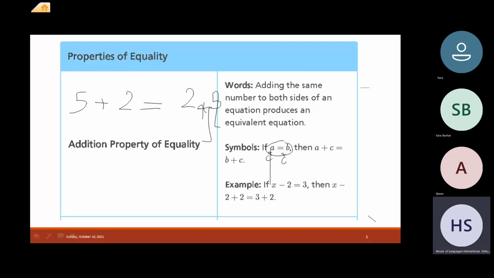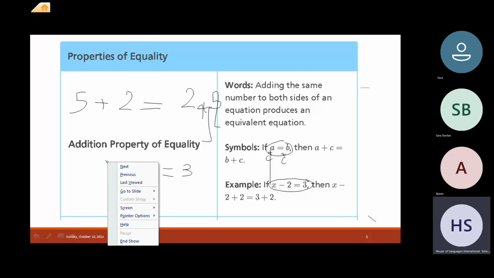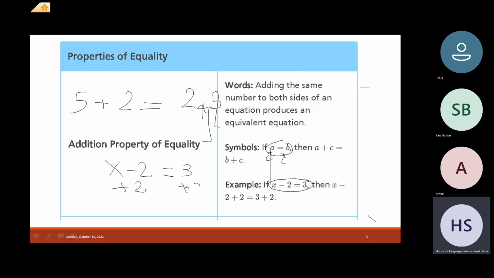Here, as an example, we have x minus 2 equals 3. As we know before, if we have an equal sign and I add something to the left, and then I add the same thing to the right, they are still equal. So if I add 2 to both sides, I will get the same answer.